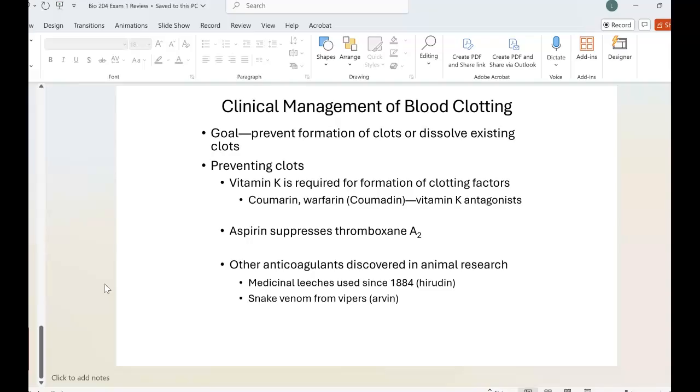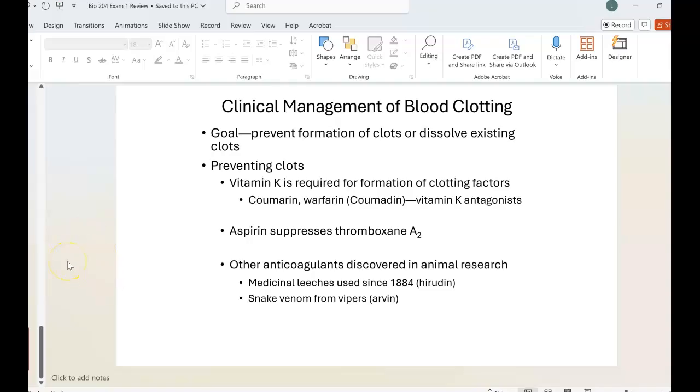Aspirin. So this is also something that sometimes people are recommended to take because that's going to suppress thromboxane to prevent those clots. And then we also talked about some other medical interventions, anticoagulants. They used leeches years and years ago to actually help to stop clots. So we talked about some of that management of clots.